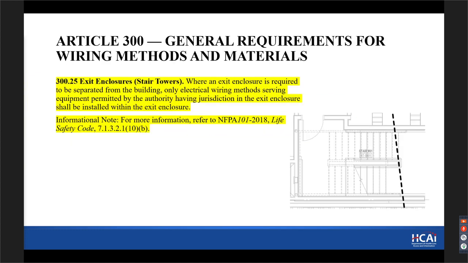Article 300, exit enclosures. Where an exit enclosure is required to be separated from the building, only electric wiring methods serving equipment permitted by the authority having jurisdiction in the exit enclosure shall be installed.